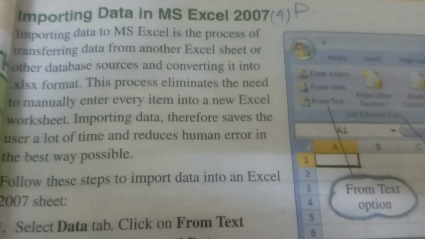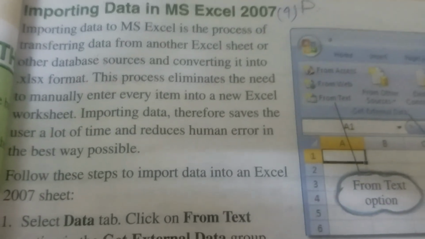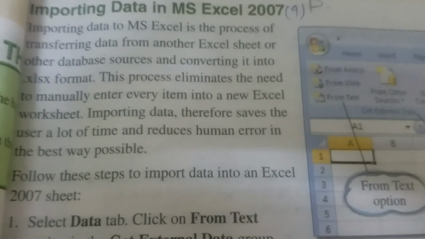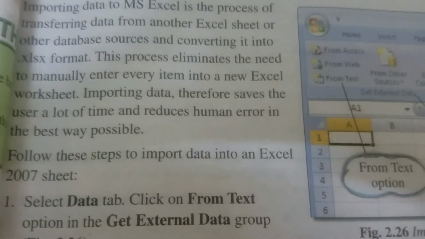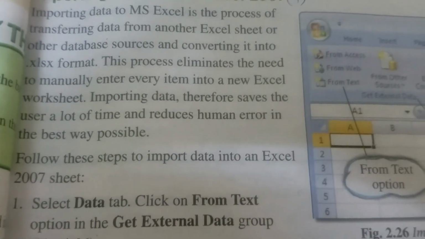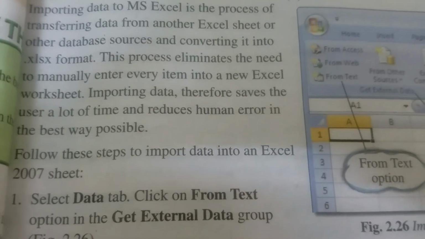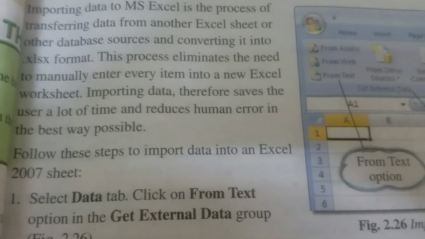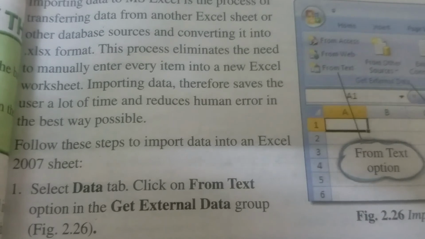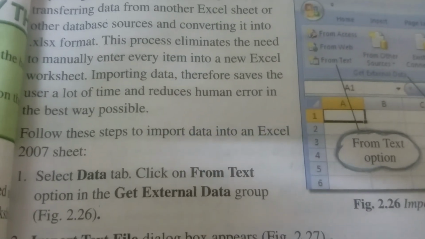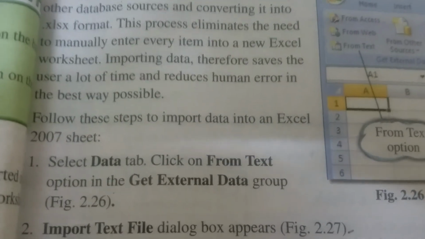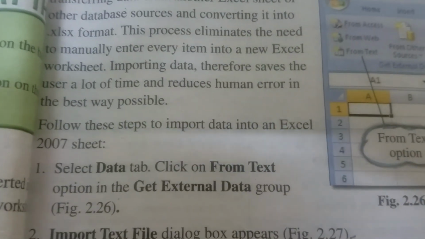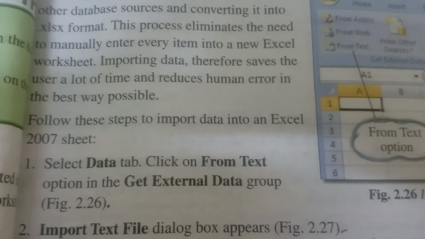If I enter manually, it will take a lot of time. Importing data therefore saves a lot of time and reduces human error. If we enter it manually, it is possible that we will not enter the data correctly, and human error occurs.